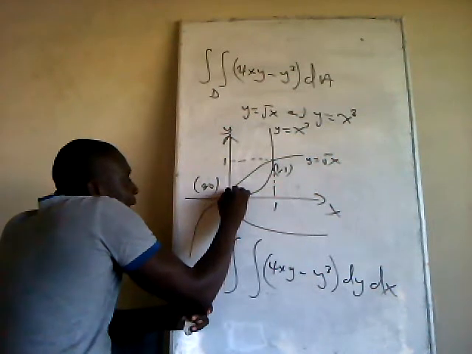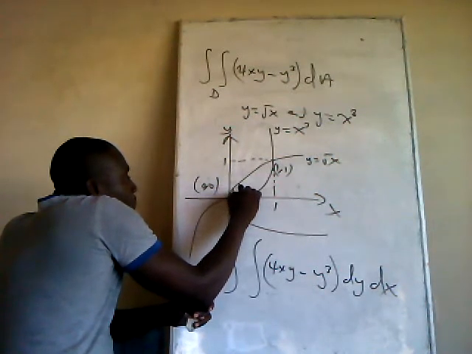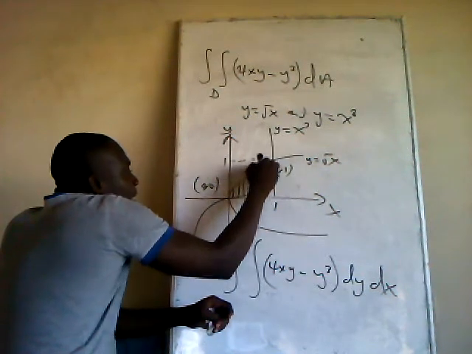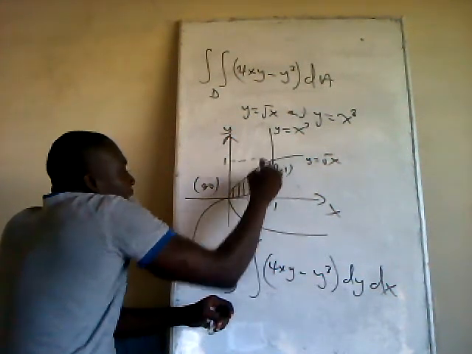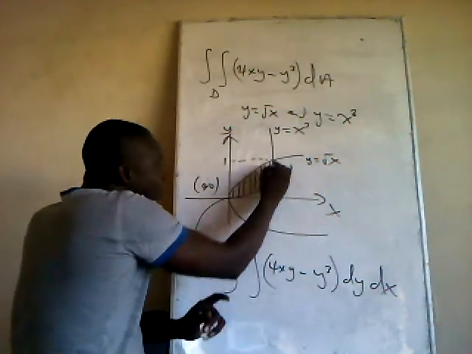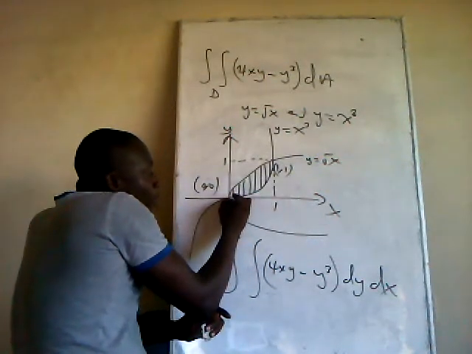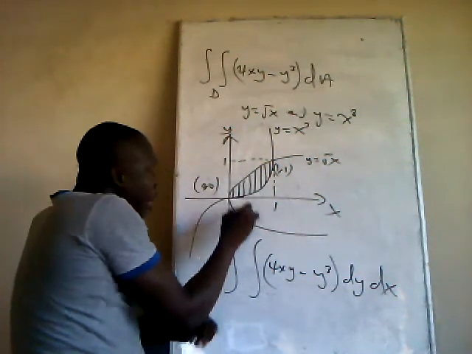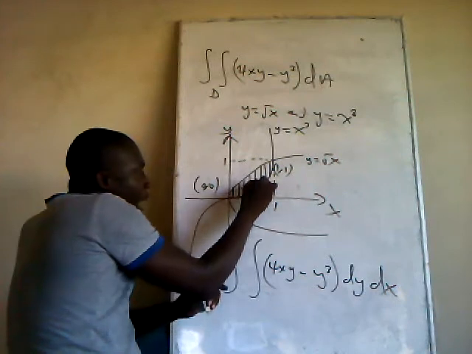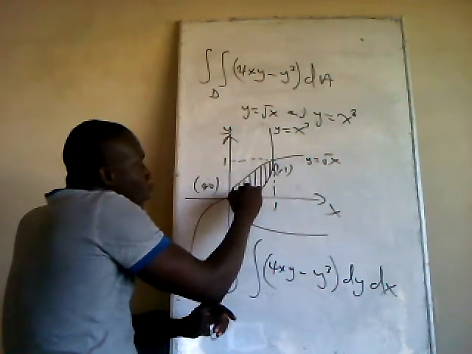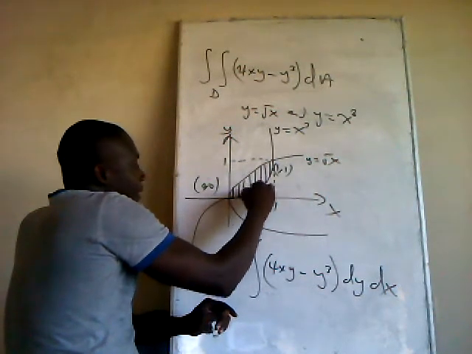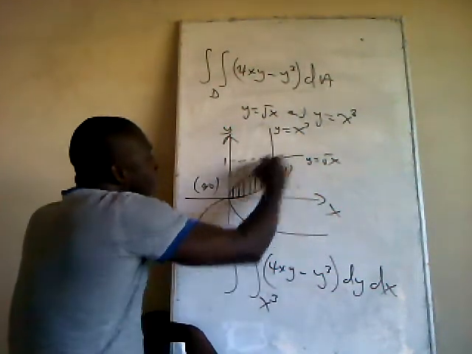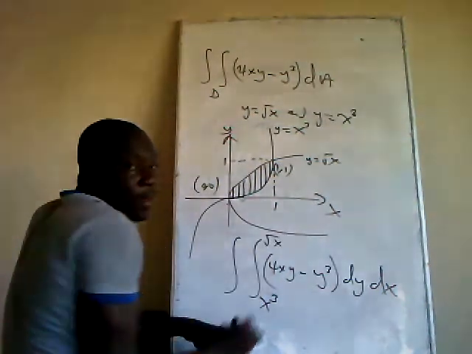Now, if I were slicing this up like I'm sharing it for people to eat, small slices, you can see that every slice that I make, I move from this lower curve to that upper curve. So it means that this one here is my lower limit, and my upper limit is the square root of x.